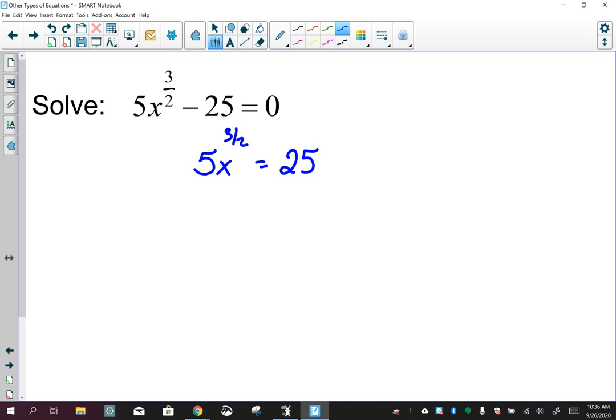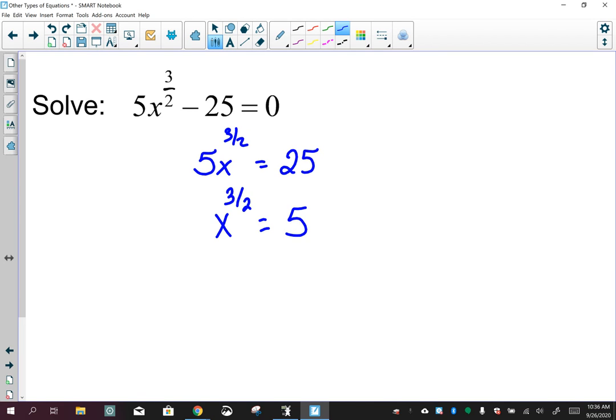Then I don't really want to deal with this 5 here, because mind you, this exponent is only on the x value. It does not attach itself to the coefficient value. So we need to divide both sides by the 5. So that gives me this.